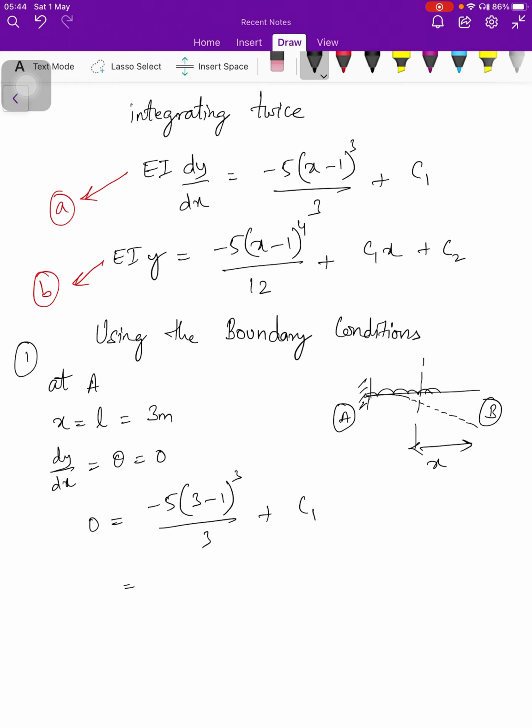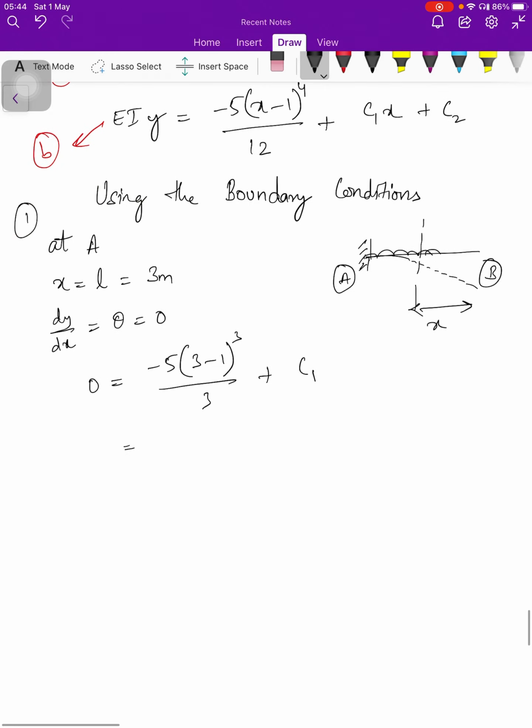So this will become minus 5 into 8 by 3, which is minus 13.33 plus C1, or C1 is equal to positive 13.33.